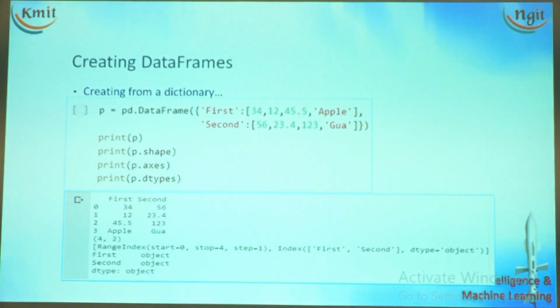Clear? So this creates a proper data frame for you, and as usual, because it's a mixed data type inside your key values, the data type is going to be object. So you are doing this?